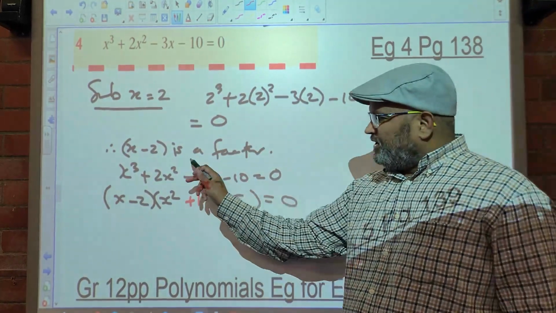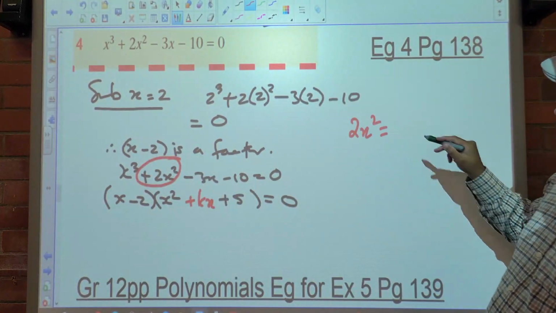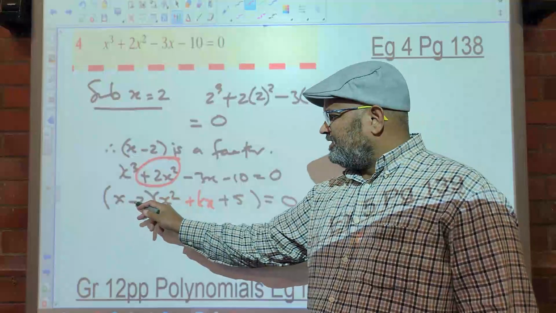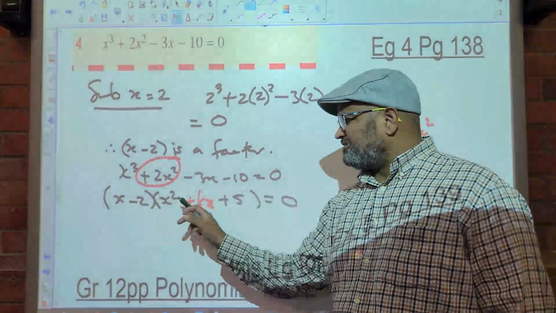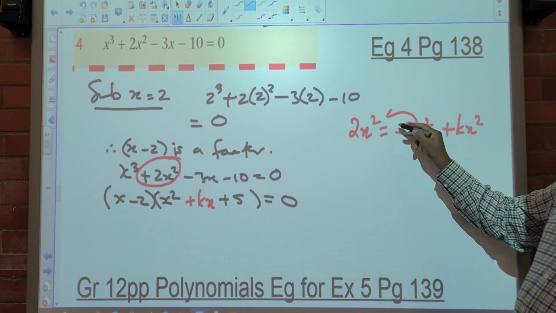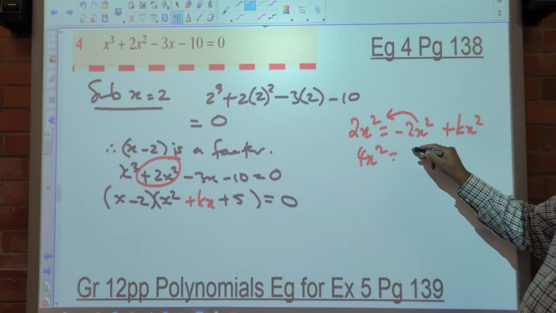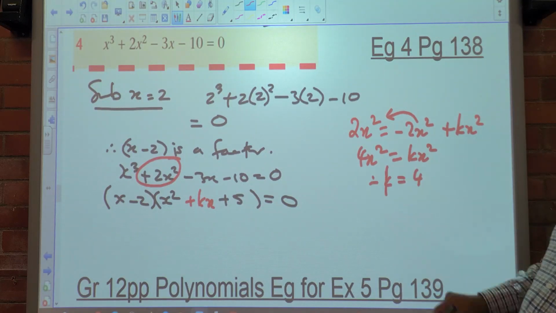So what must it equate to? 2x squared. So how do we get x squared? Negative 2 times x squared is negative 2x squared, and then x times x is going to be positive kx squared. Over the equal sign it becomes 4x squared is equal to kx squared. Therefore, k is equal to 4.